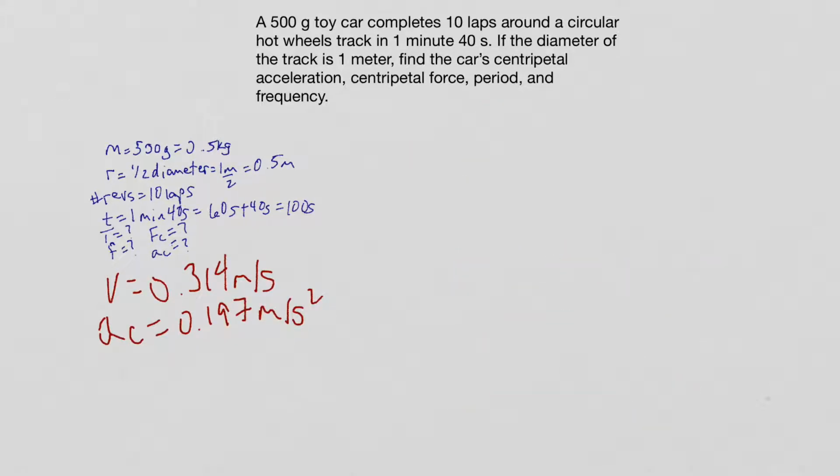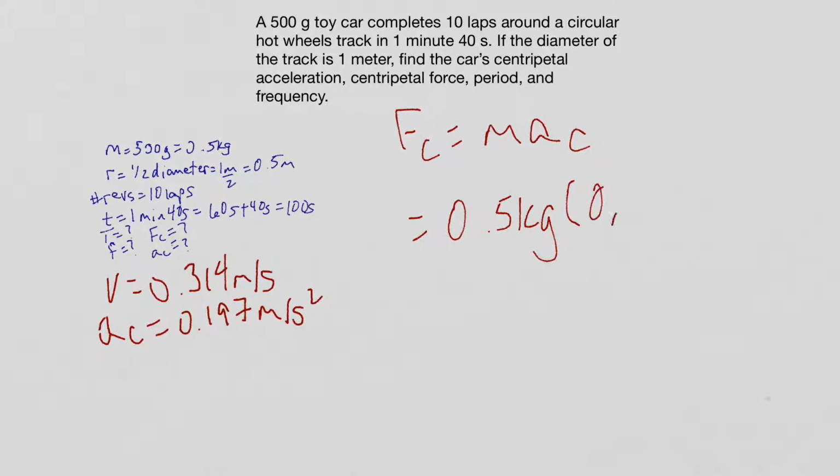Then we can use that acceleration to find our centripetal force, which is mass times centripetal acceleration. That's going to be the mass, which is 0.5 kilograms, times the 0.197 meters per second squared.